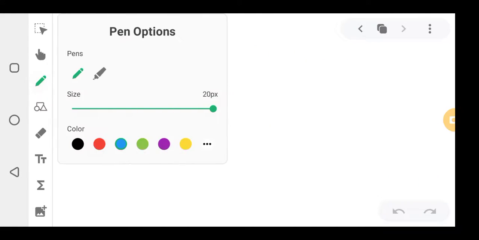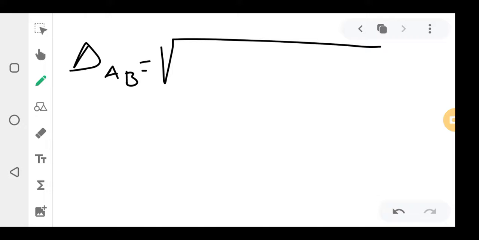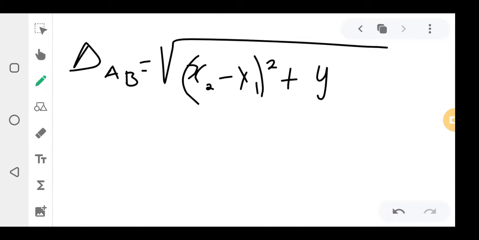So the distance of the line AB is equal to the square root of the difference in x, x2 minus x1 in brackets squared, plus the difference in y, y2 minus y1 in brackets squared. So you pick those points and then you put them in there.